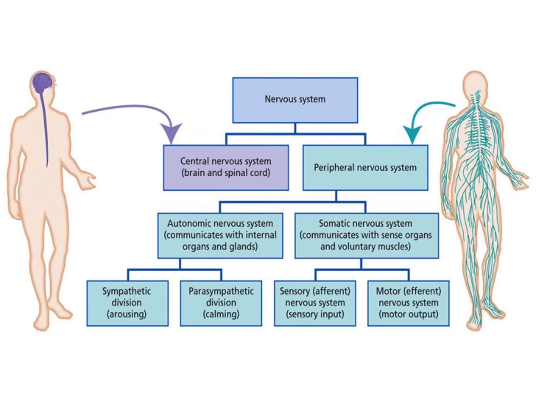Now, the nervous system is divided into central nervous system and peripheral nervous system, and this is an anatomical distinction. The central nervous system is confined in the brain and the spinal cord. It is made up of the brain and the spinal cord, and it is confined in the skull and in the vertebral column.